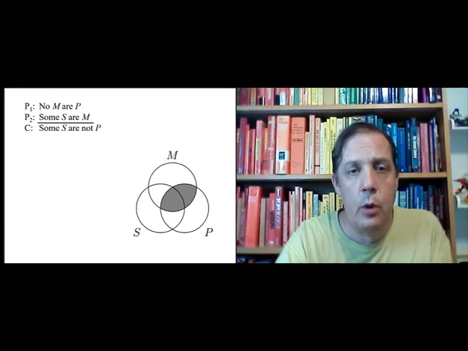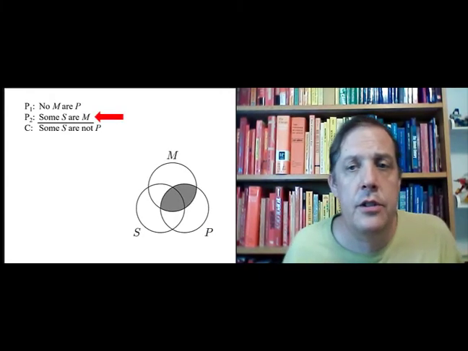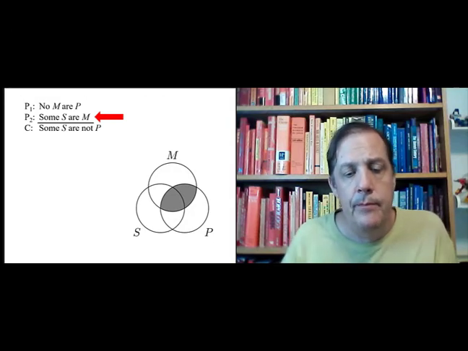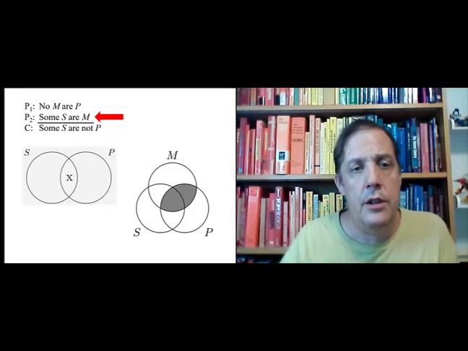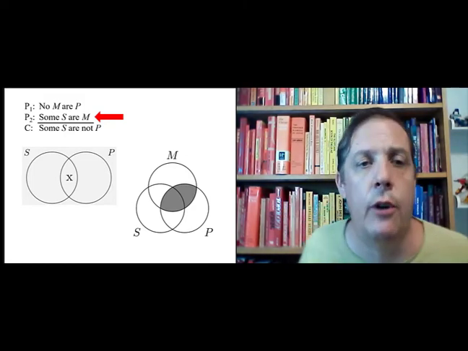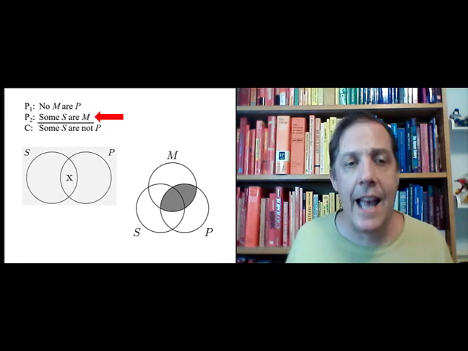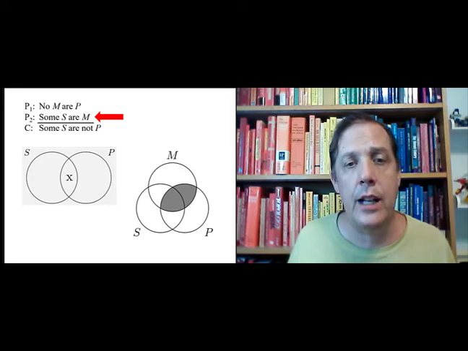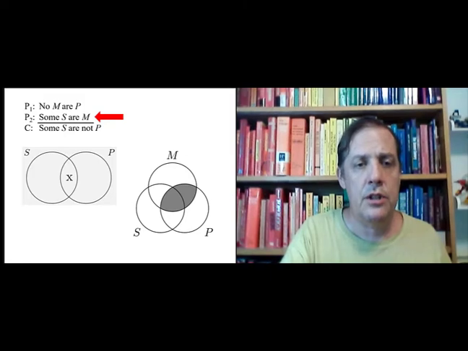So next up, we want to think about the statement some S are M. Now remember, the diagram for doing some S are M involves putting an X in the little football. And in this case, it's going to be the little football between S and M. So let's see what happens if we try it.